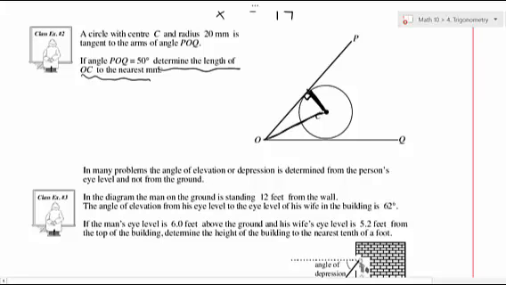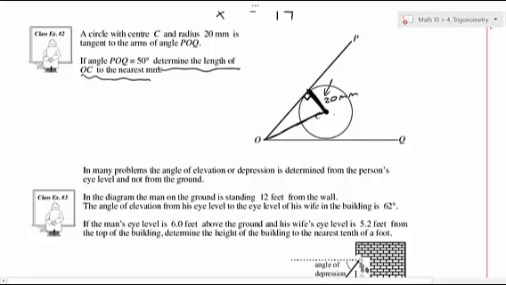Well, interestingly enough, this is our radius. So we already know that the distance between the center of the circle and here is 20 millimeters. We also know that because C is right in the middle, this is 25 degrees and this is 25 degrees. So that makes 50 degrees.